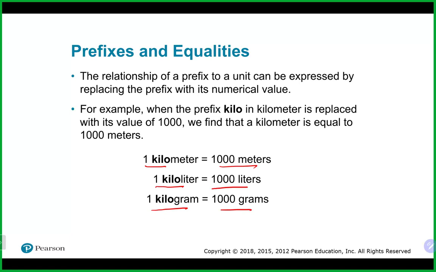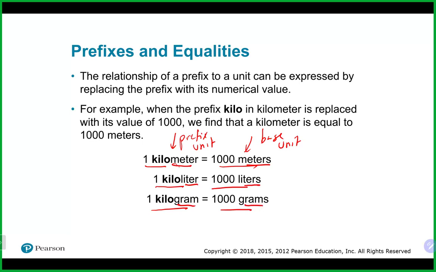It doesn't really matter what the base unit is. So sometimes we refer to these, on this side, as the prefix unit, and this is the base unit. In the first one, meters is in both of them, so that's the unit we're dealing with. Liters is in both of them, that's the unit on that one. Grams is the base unit on each of those.